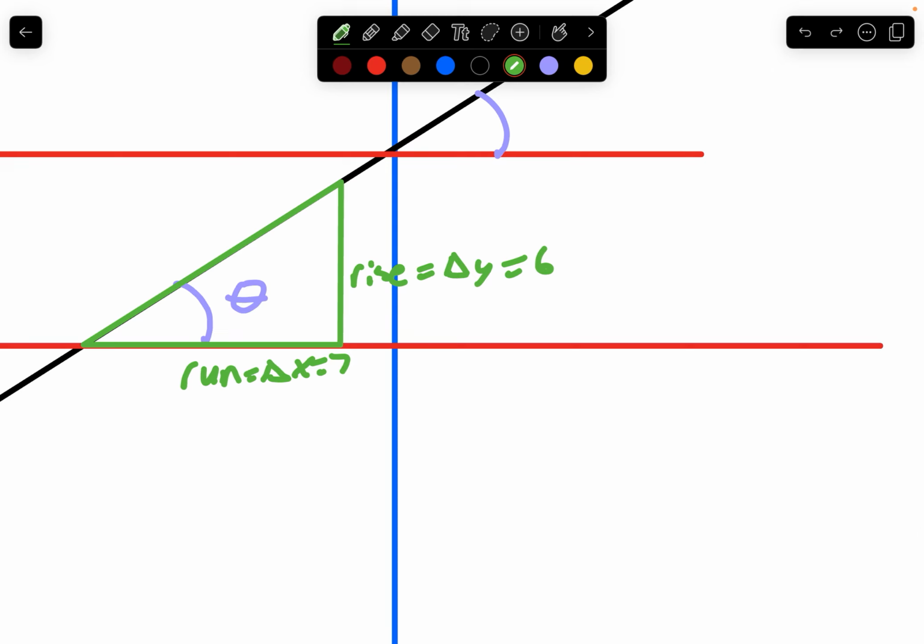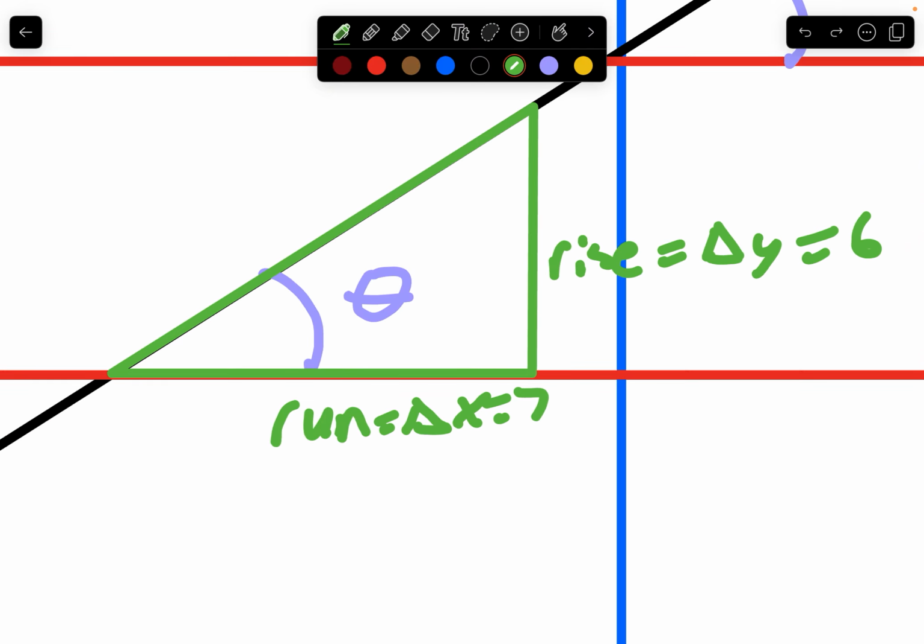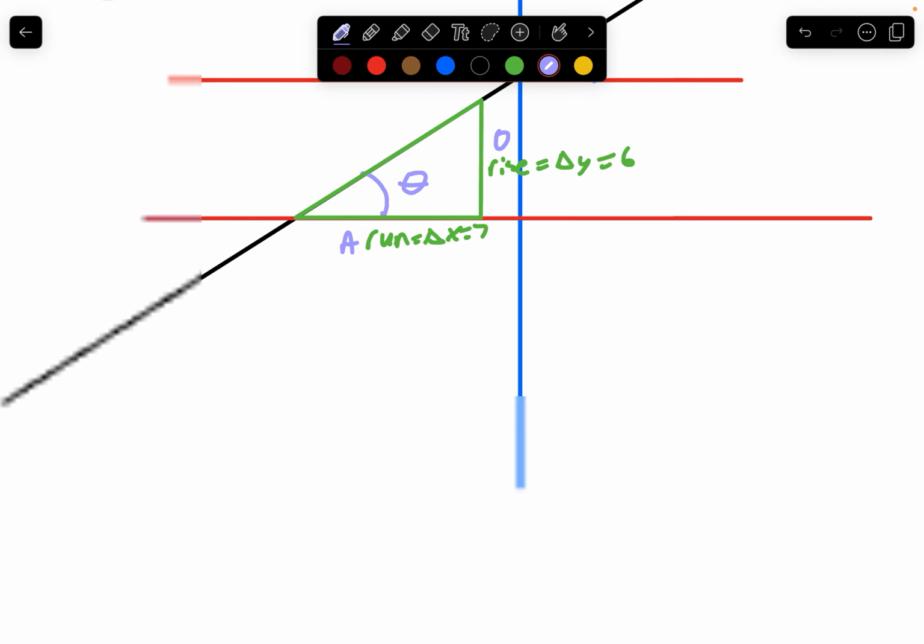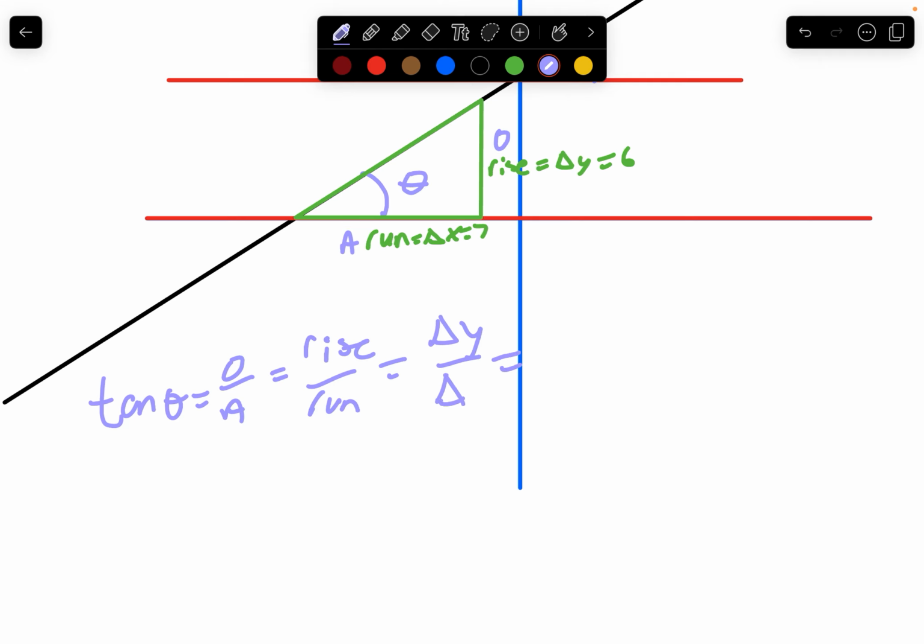Well, in terms of the angle theta, this is the opposite and this is the adjacent. So we know that on this triangle, tangent theta equals opposite over adjacent, which is the same thing as the rise over the run, which is the same thing as delta y over delta x, which is the same thing as m, which is the same thing as slope.